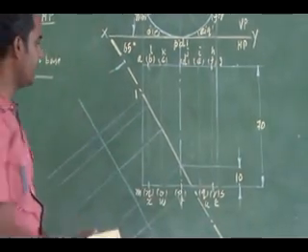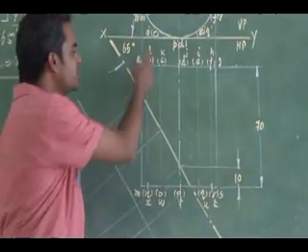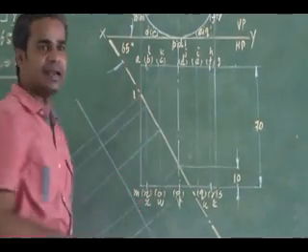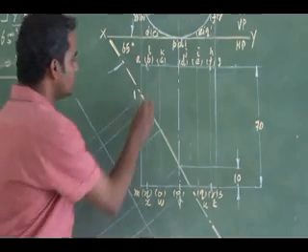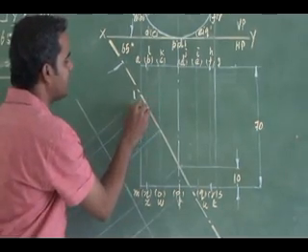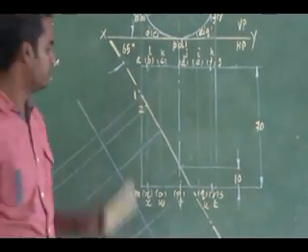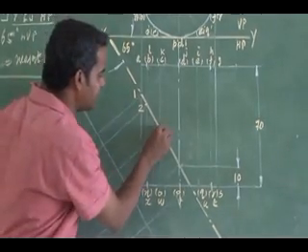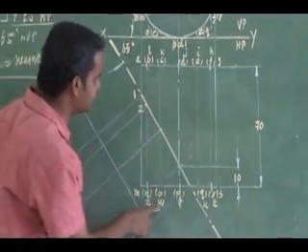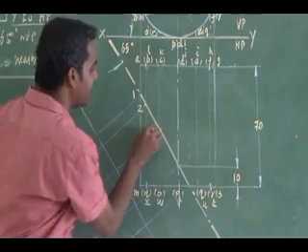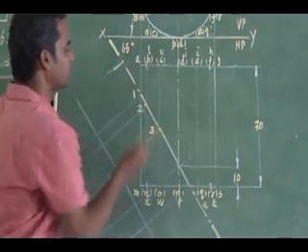Next, it cuts the visible generator XL. So there I will have the visible cutting point 2. Then you go along the cutting plane, it cuts the next visible generator, that is WK. There I will get cutting point 3.